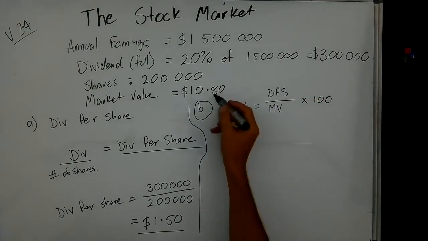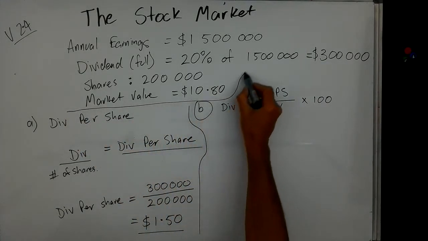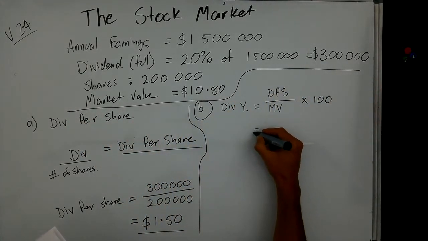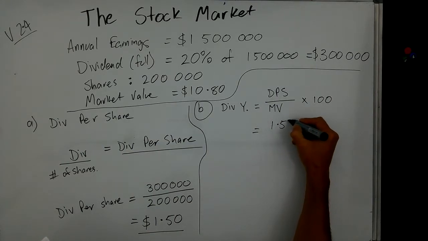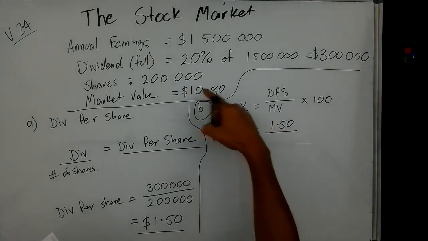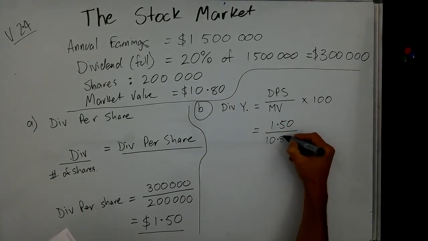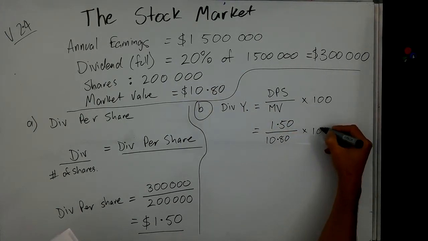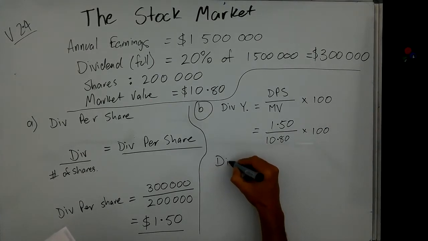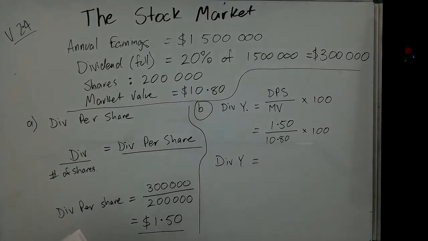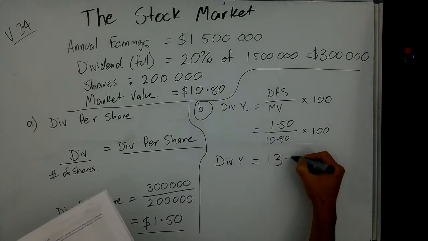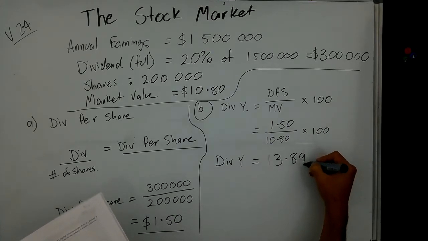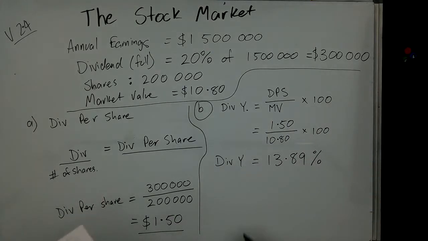We were told that in the starting information. So this equals $1.50 divided by $10.80, and then multiplied by 100. So the dividend yield equals 13.89, and I'll round it to 13.89%.